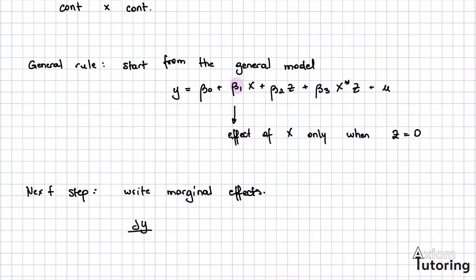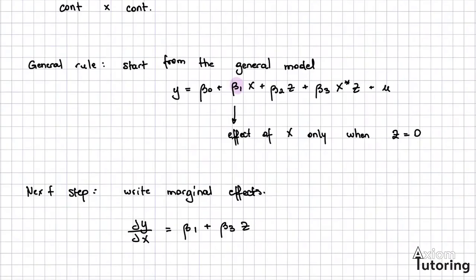So you have delta y with respect to delta x, for instance, and it's going to be beta 1 plus beta 3 z, okay? Now, very clearly in this interaction model, the effect of x depends on z. So you cannot summarize it, unfortunately, with a single number anymore.